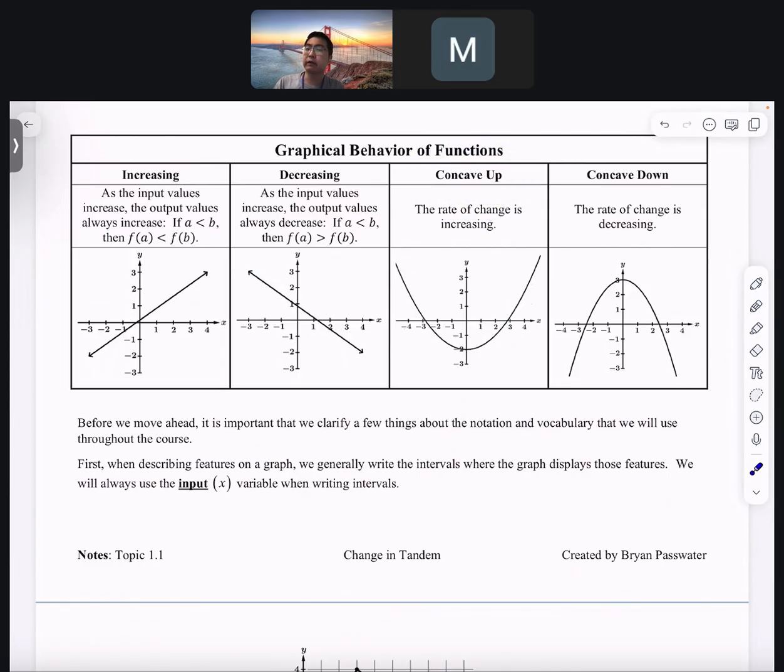Likewise, if the rate of change is decreasing, then you have to automatically think that it's concave down. So start to get used to that verbiage, you guys. Rate of change is increasing, that's automatically concave up. Rate of change is decreasing, that's automatically concave down.